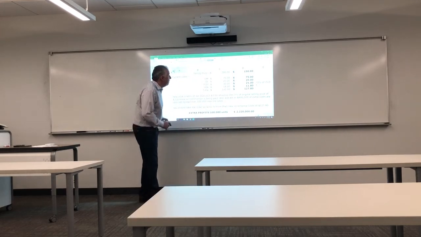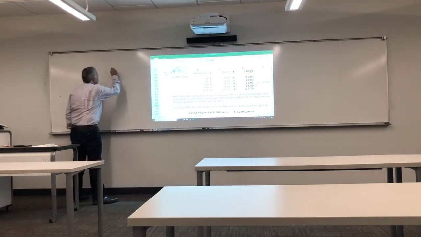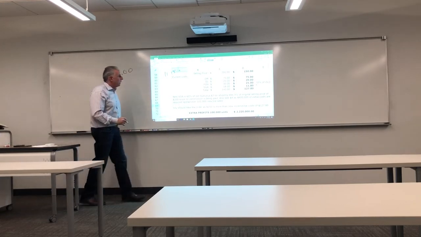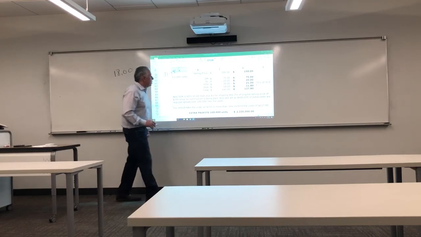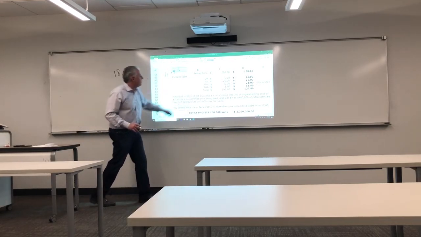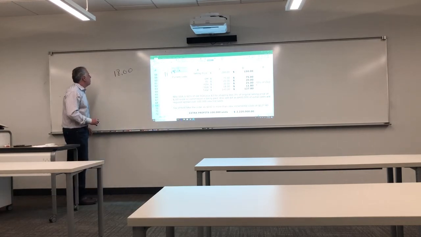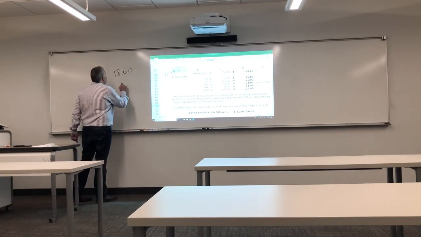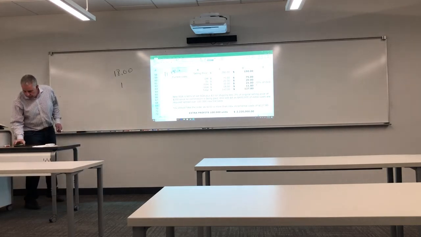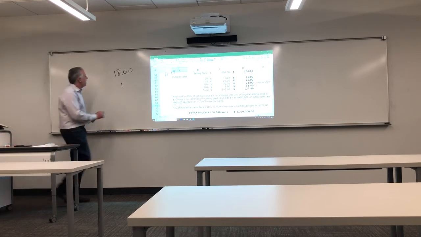So we were at $18. So new SG&A is 60% of old SG&A. Let's make sure I get this right. Double check me, please. 18 times 0.6. I've got 10.80.